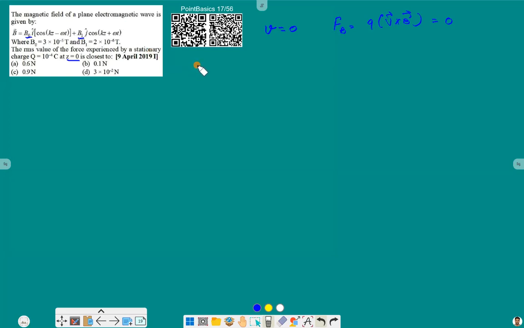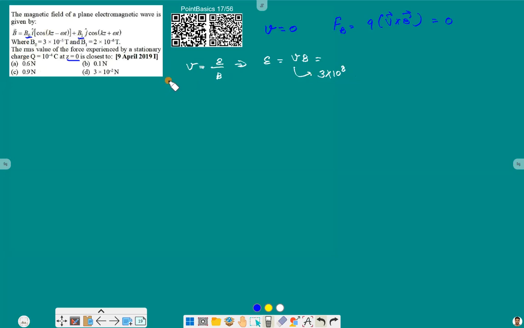And we know that for an EM wave, the velocity of the wave is equal to the magnitude of the electric field divided by the magnitude of the magnetic field. From this, the electric field is V times B, where V is the velocity of that wave. Now, assuming that the wave is traveling in vacuum, V will be equal to 3 into 10 raised to power 8.